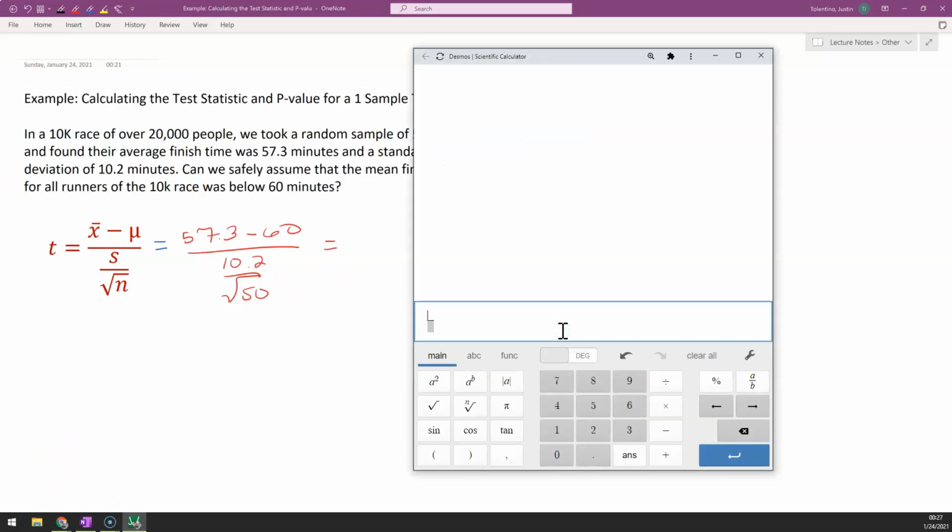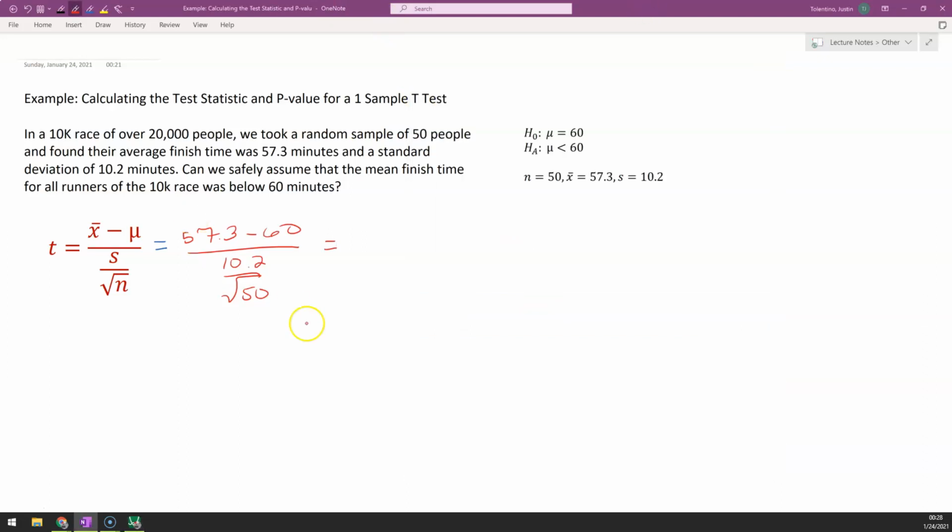So on our calculator, I'm going to put in 57.3 minus 60 in the numerator and 10.2 over the square root of 50 in the denominator, and I get a test statistic of negative 1.8718. So that means what we observed was 1.8718 standard deviations below what we expected to see.